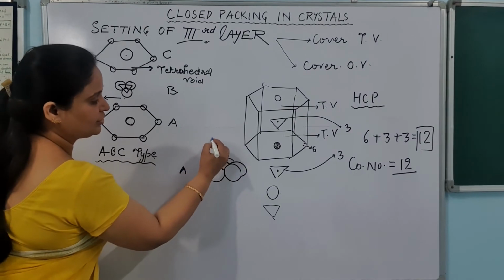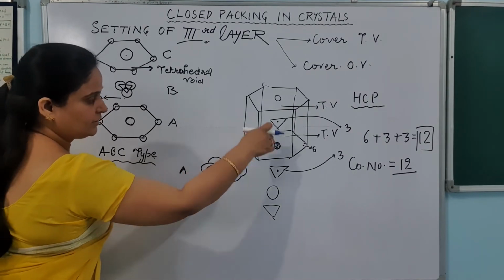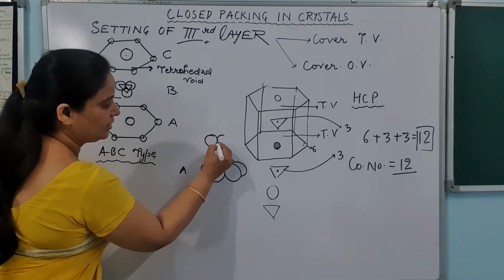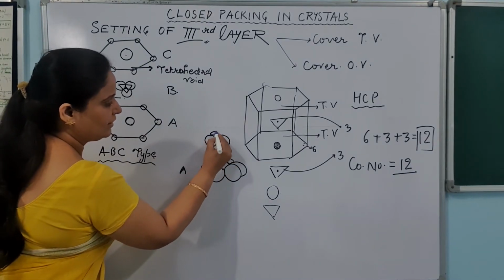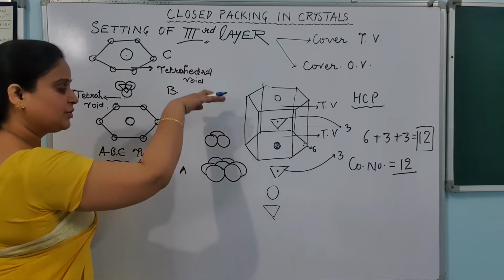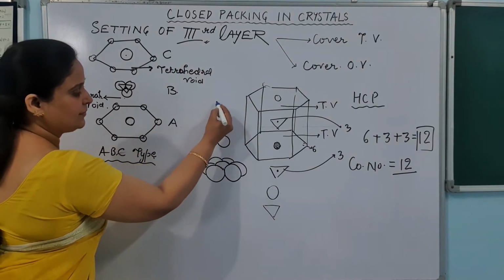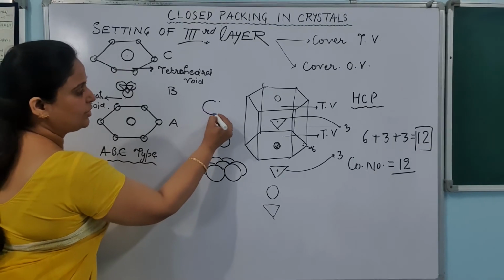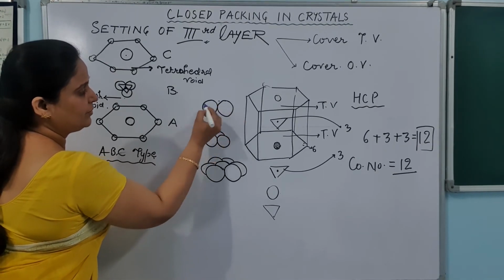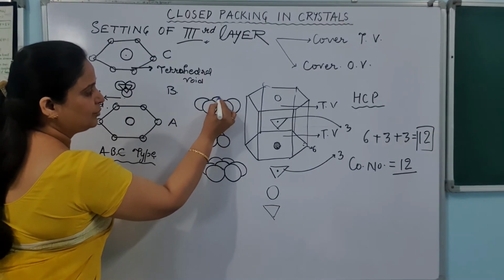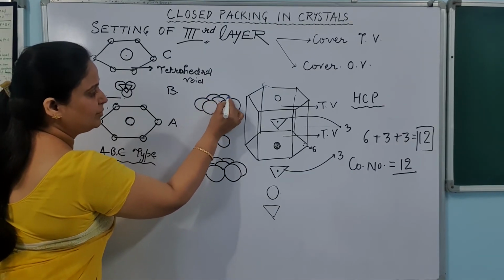Next, I am going to draw above the one ball. There are 3. So what they are? 1 ball, 2 ball, and 3rd ball. Again, I am going to keep this same type of arrangement above this. So what it is there? First ball, second ball, 3rd ball, 4th ball, middle ball, and backside ball.